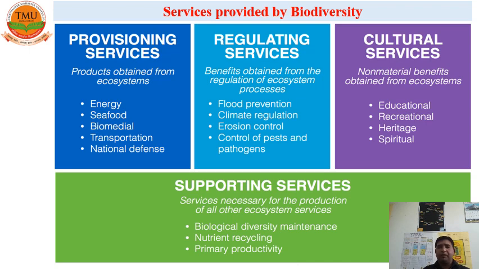First, provisioning services. These are the services where biological agents provide us several things like energy, food, medicines, etc. Regulating services are services where we find the benefits of regulation of the ecosystem, like flood prevention, climate regulation, control of erosion, and control of pests and pathogens.